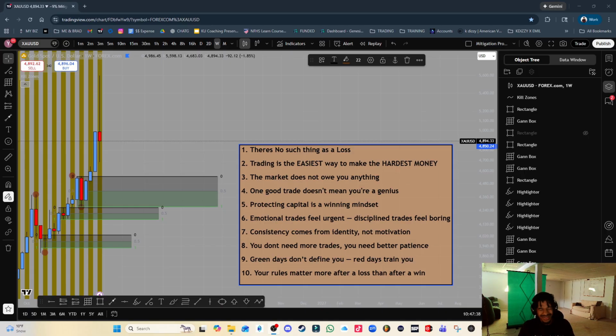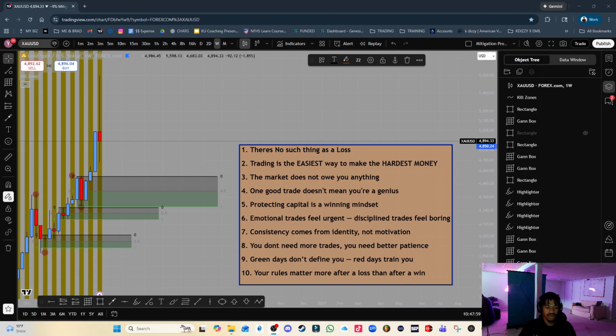But your rules definitely matter way more when you lose because there's a thing called revenge trading. It's like, okay, if you lost, then it's like, I need to get that back. You know what I mean? And that's when you're maybe in a 2 losing streak or whatever. That's when you need to step away, get your mind right, come back the next day.